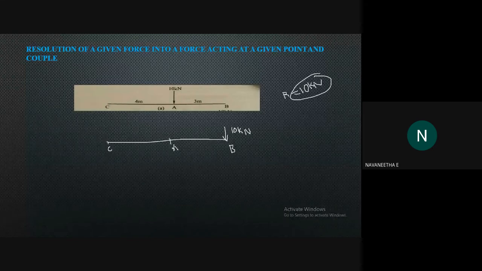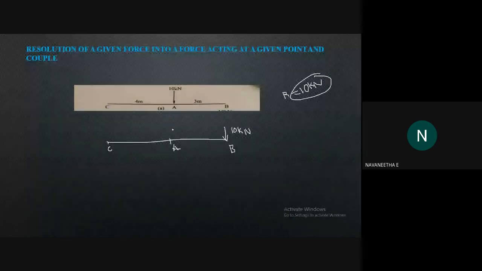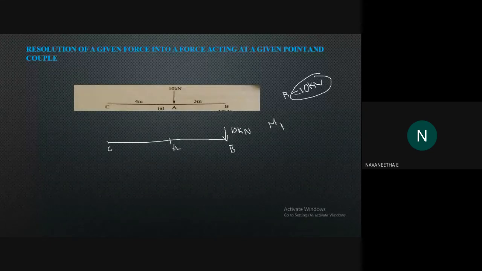But when we consider the first state of the force, what about the moment about B here? In the second case, the total resultant force in this system is also 10 kilonewton, right?